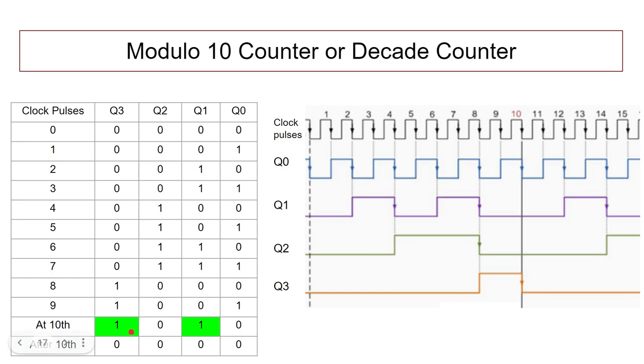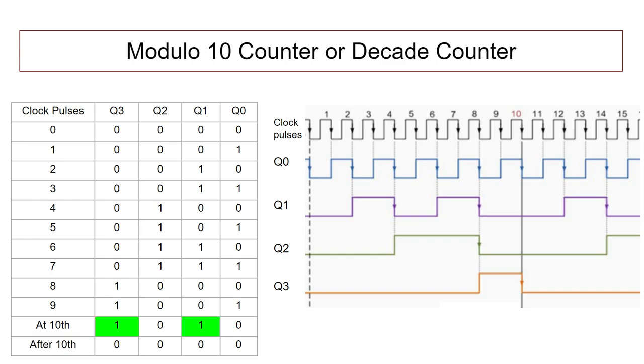They should be forced to return back to 0, so that the counter will be reset to 0 after the application of the 10th clock pulse, and then it will start repeating the counting process from the beginning. So this is how the counter is supposed to be designed.